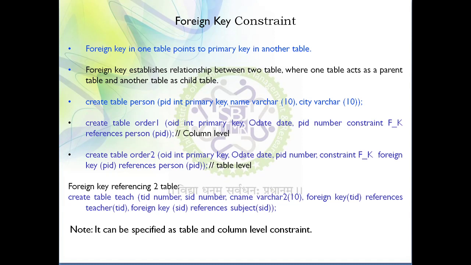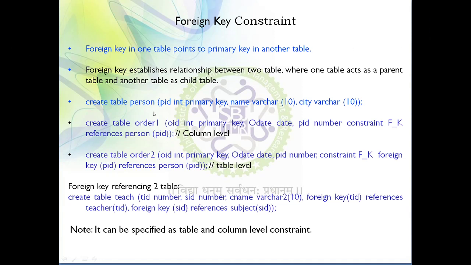So in order to establish a relationship between two tables, you make use of a concept called the foreign key constraint. Now let's see how a foreign key constraint allows us to establish a relationship between two tables. In the case of a foreign key, one table points to the primary key in another table.